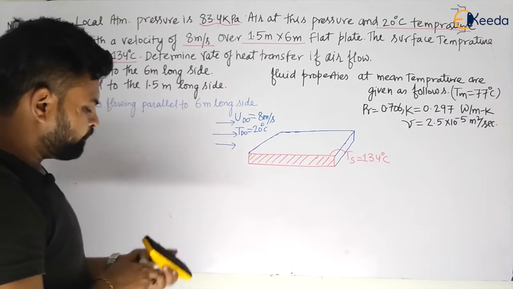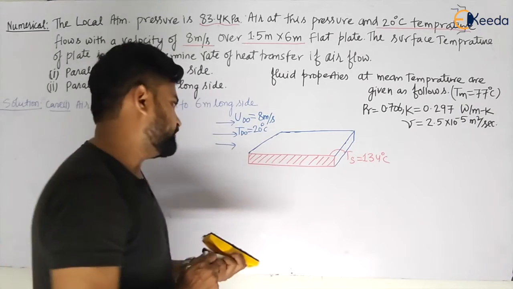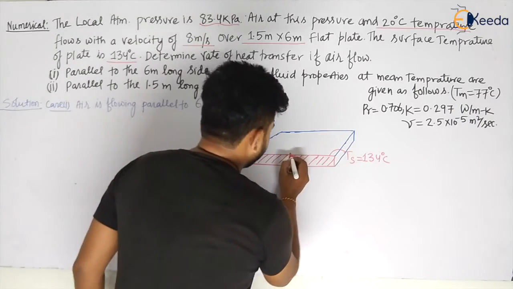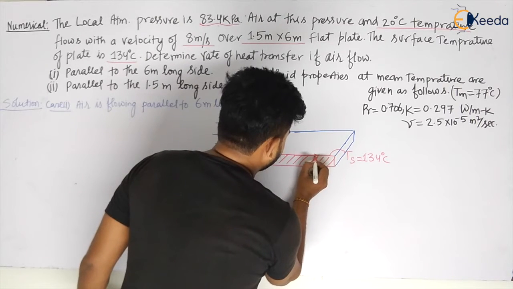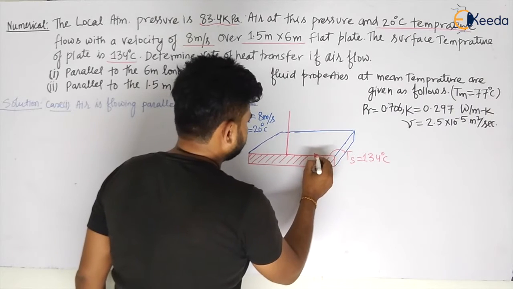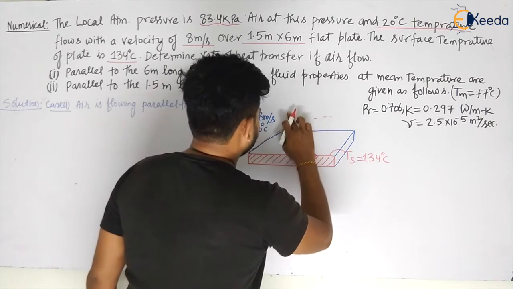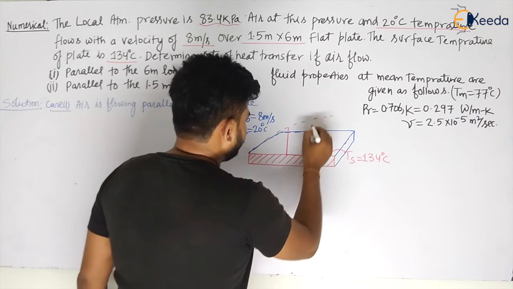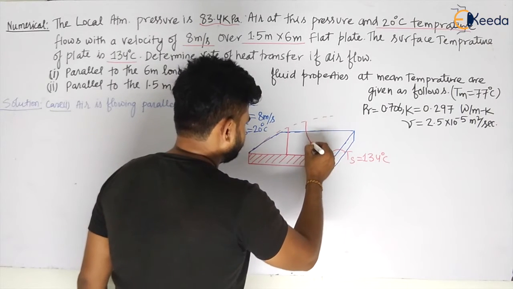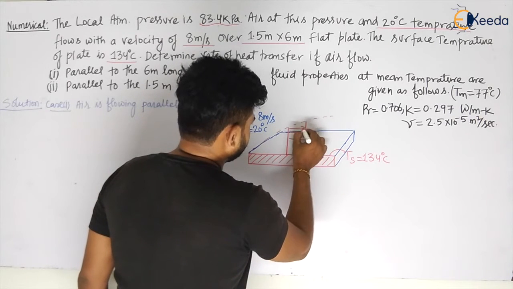Now what will happen? There will be development of thermal boundary layer. Yes sir, there will be, because this is a hot plate and the temperature of this fluid will vary like this, and similarly there will be some thermal boundary layer development like this, my dear students.